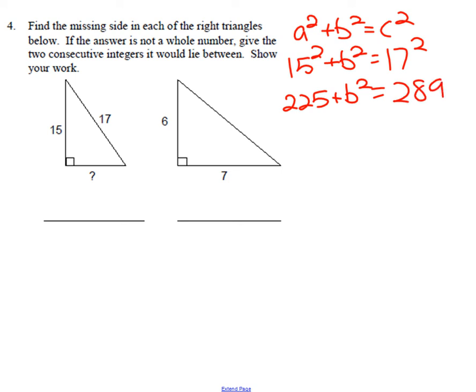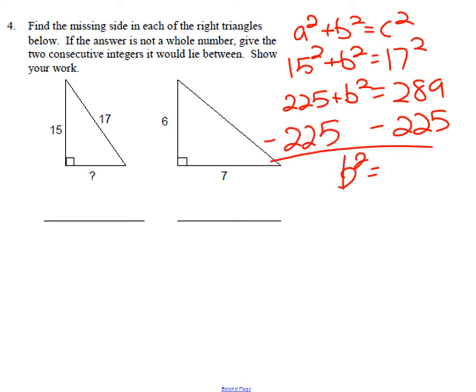Okay, since we're solving for one of the short sides, we need to add or subtract. So minus 225 from either side. And that gives us 64. We take the square root of that. So one of the lesser known ones is 8, 15, 17.